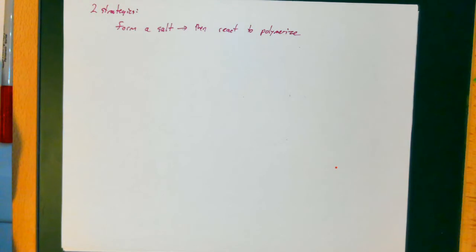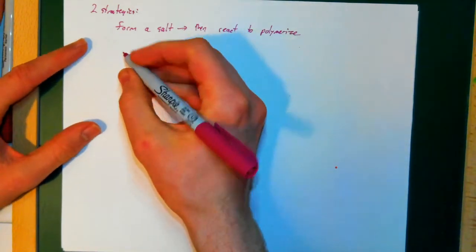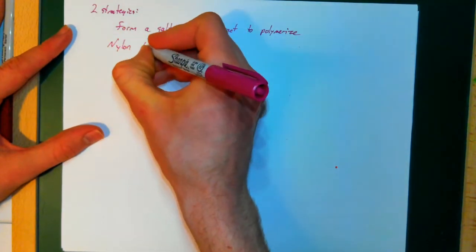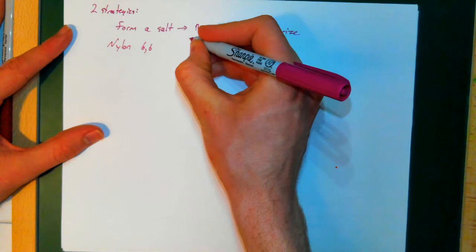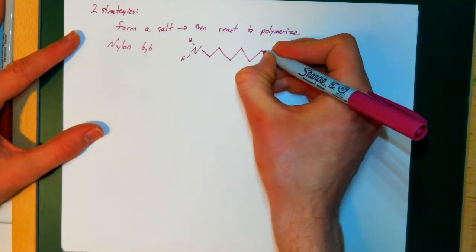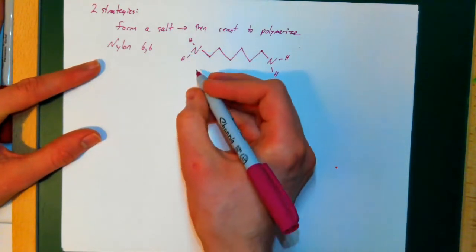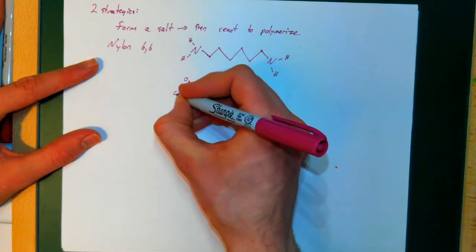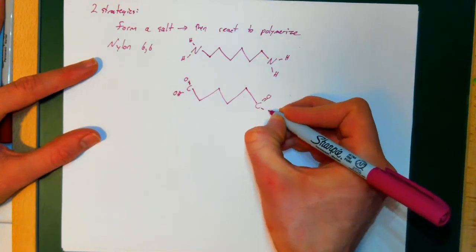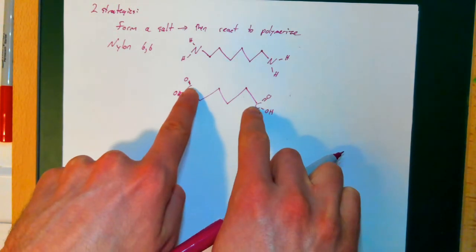If you dust off your notes from the previous lecture, there's one polymer that's formed via condensation: nylon 6,6, which basically has an NH2, and then 1, 2, 3, 4, 5, 6 carbons, and then another NH2, and this reacts with COOH, 1, 2, 3, 4, 5, 6 carbons, COOH. The 6,6 comes from the 6 carbons here and the 6 carbons in this chain. So these react with one another.